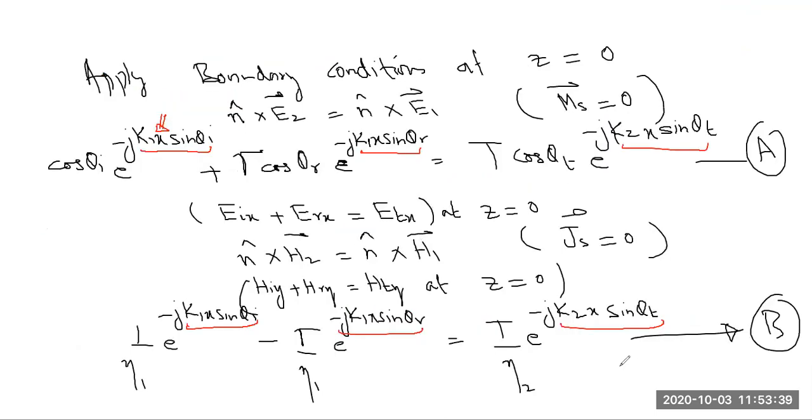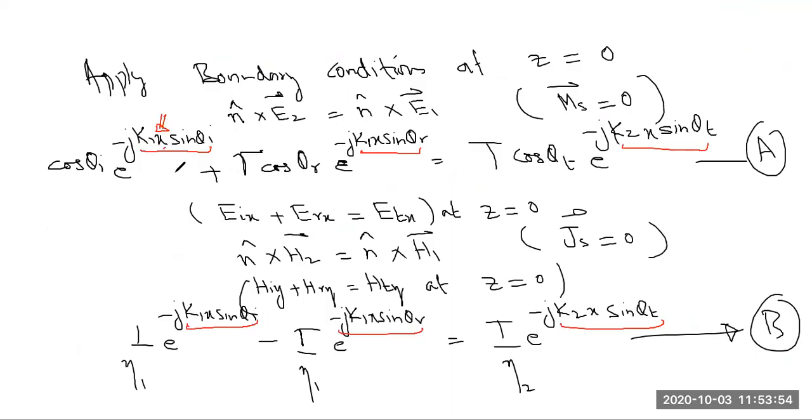So in order to make sure that this boundary condition remains the same, what we want is that even if x changes, this term should remain constant. Even if x changes, this term should not change.